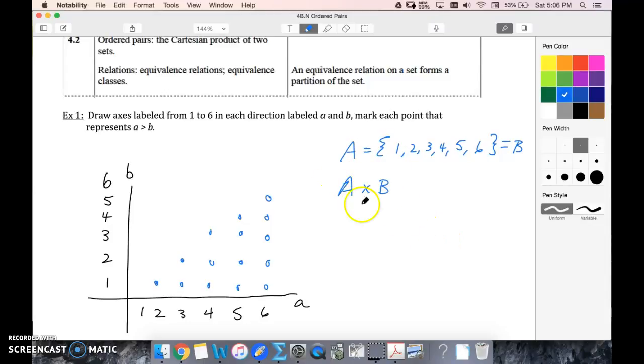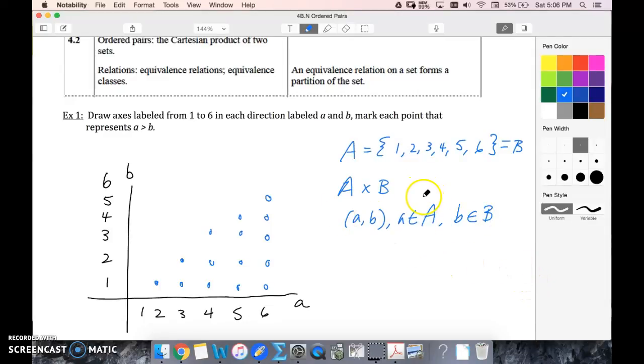So Cartesian product, I don't know if you've been told this before in your math classes, but when we look at our set of X and Y axes, that's the Cartesian plane. So here, A cross B is the Cartesian product, and that's going to be the set of all points (a, b), where a is an element of set A, and b is an element of set B.